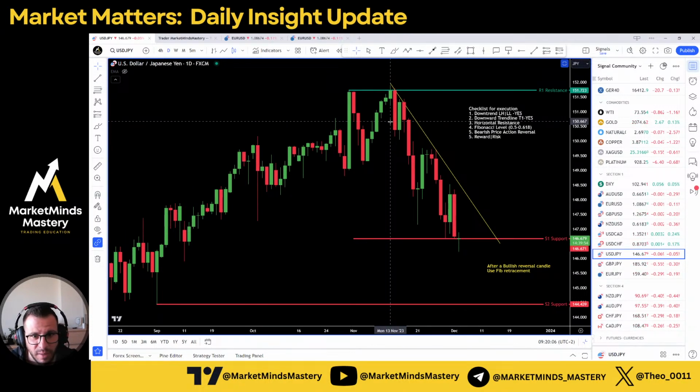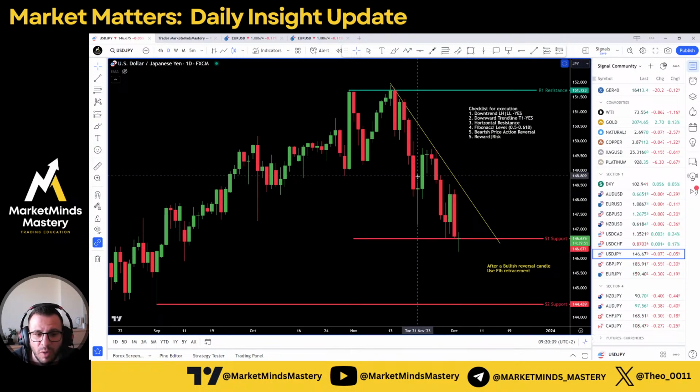There are occasions that the market makes deep retracements or very shallow retracements where the trend line is not useful. It cannot capture the price. Then I also look for horizontal resistance, and that one is going to be somewhere higher, of course, than the current price, which for me is somewhere here.